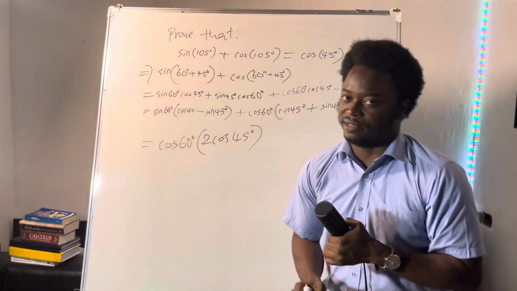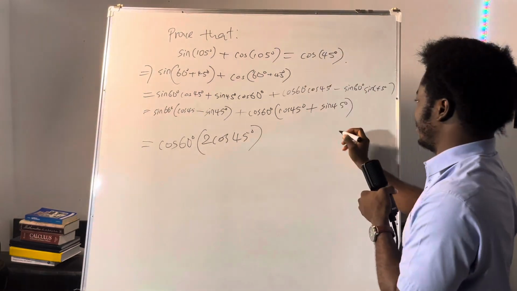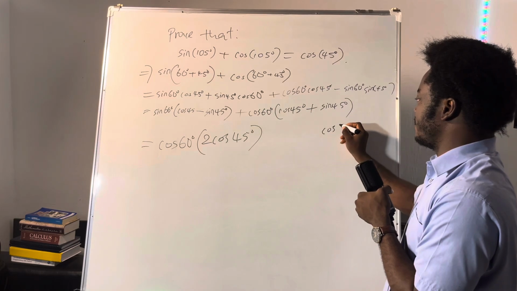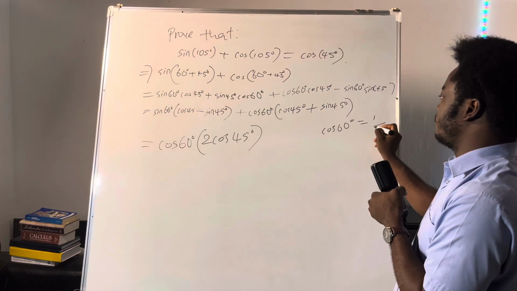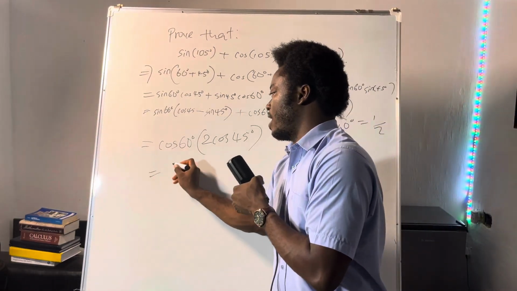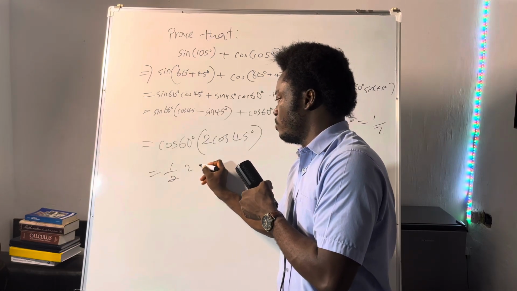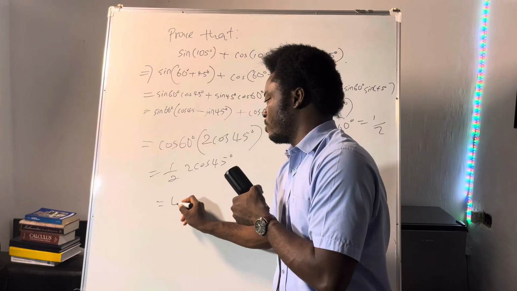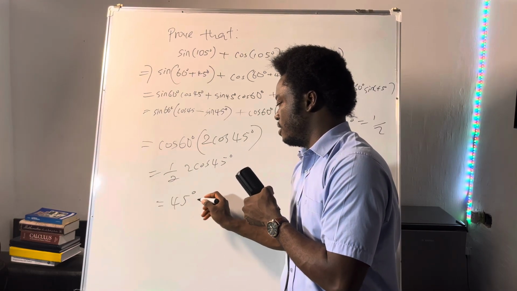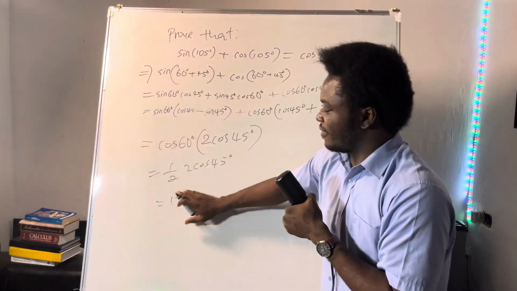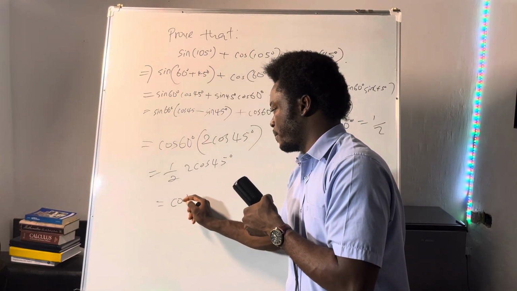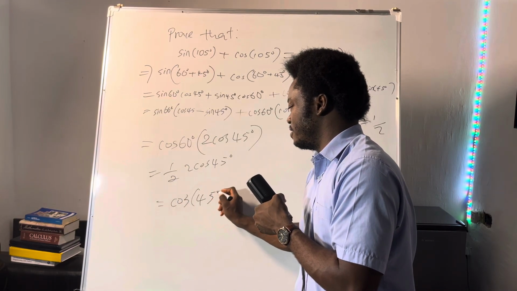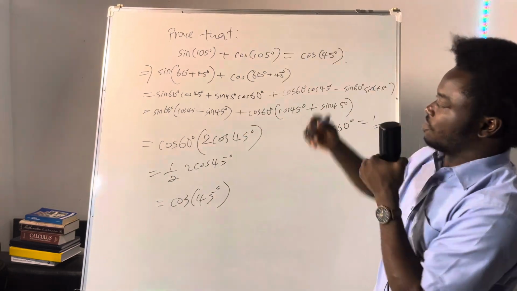Now one last straw is that cosine 60 is equal to half. So this is going to be equal to a half multiplied by 2 cosine of 45 degrees. And this is basically equal to cosine of 45 degrees, which is what they asked us to prove.